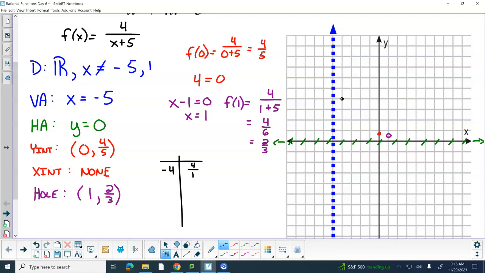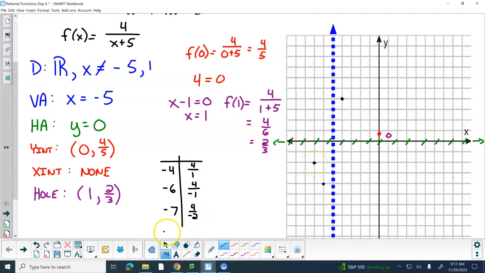All right. Then let's do -6. So then that's going to be 4 over -6 plus 5 is -1. So that's going to be -4. Let's go with -7. That's going to be 4 over -2.